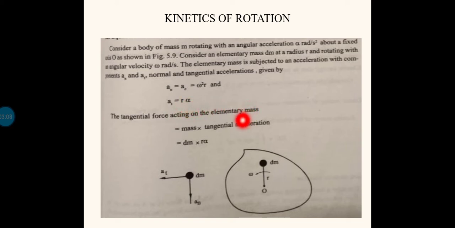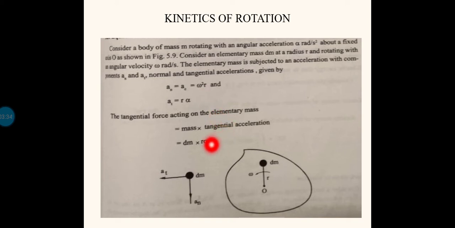Now you can see that the normal component of acceleration passes through the center, so it won't create any moment, but the tangential component is actually giving the acceleration for this rotation. So the normal component of the acceleration has nothing to do with the rotation, only the tangential component is doing the rotary part.